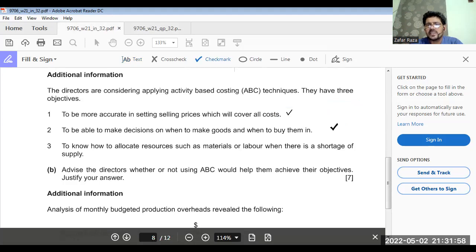Suppose we are making 2 or 3 types of product, and one product is taking much more effort, so we will know how much effort a product is taking, and we set the price according to the effort we have put in. Getting my point here? Now, this ABC will not help in this decision. ABC is not going to help in this decision.